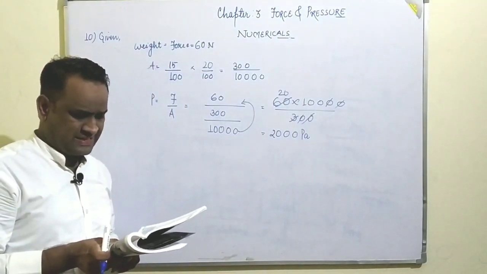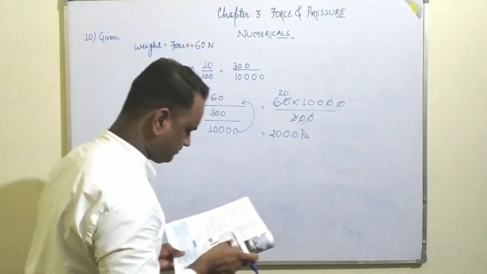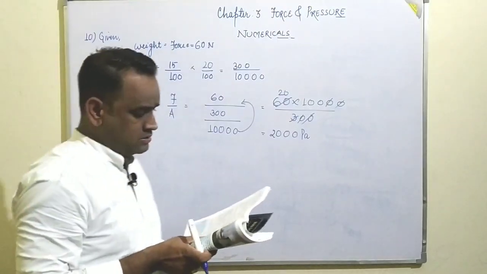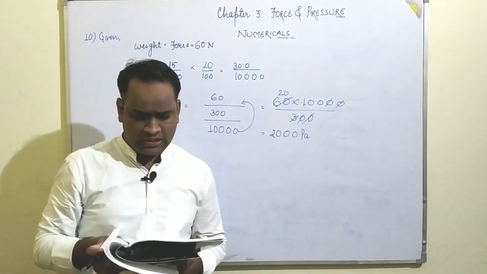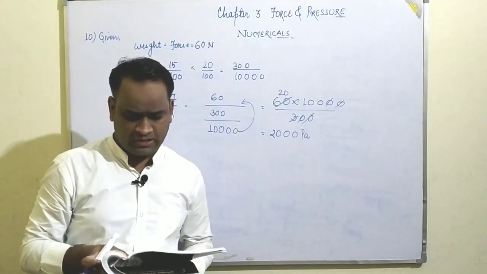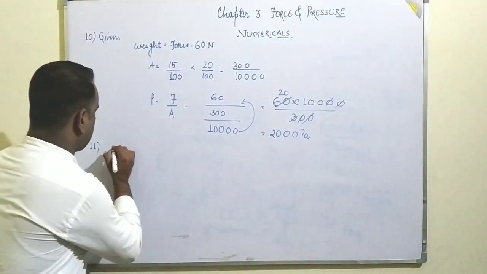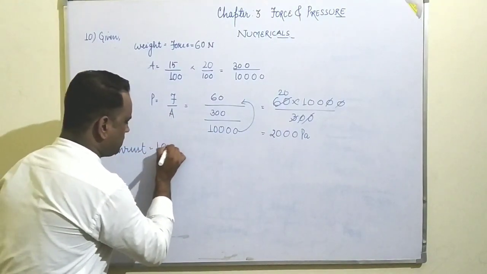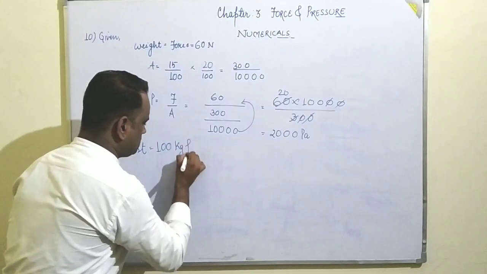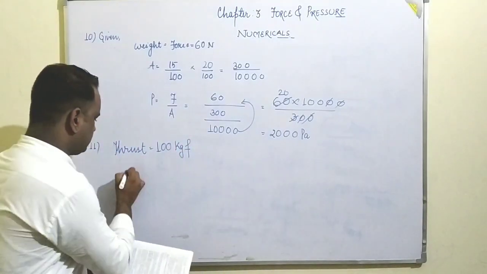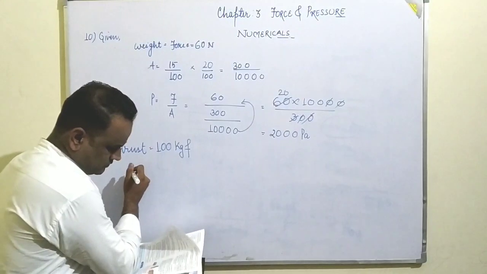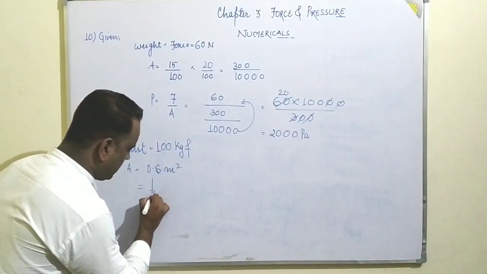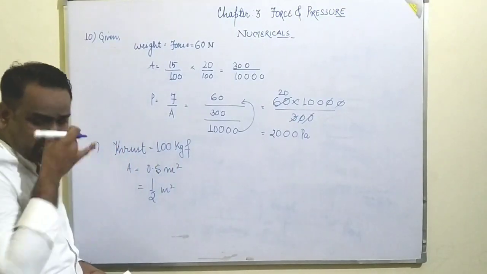Question number 11 says, calculate the pressure exerted on a surface of 0.5 meter square. So here the thrust is given. Thrust is 100 kilogram force, and area is 0.5 meter square, which can also be written as half meter square.